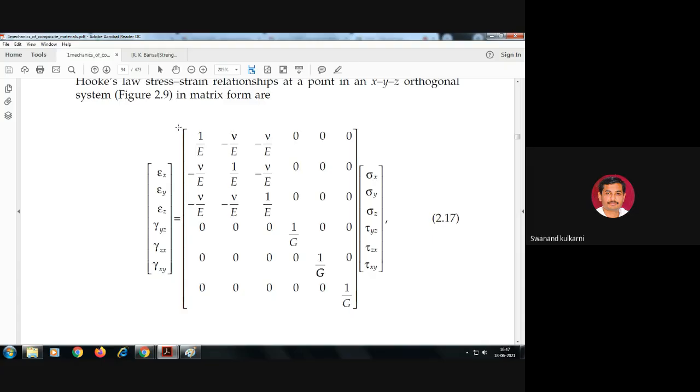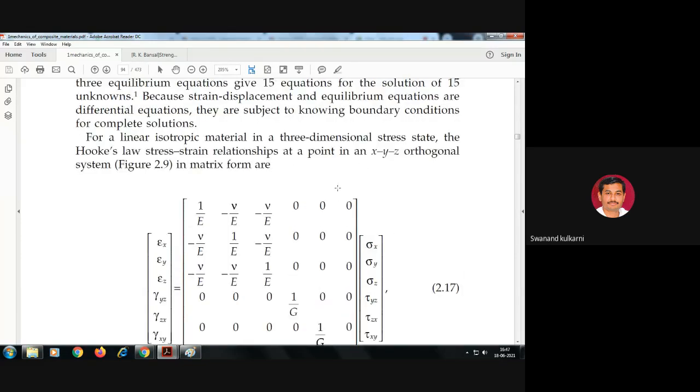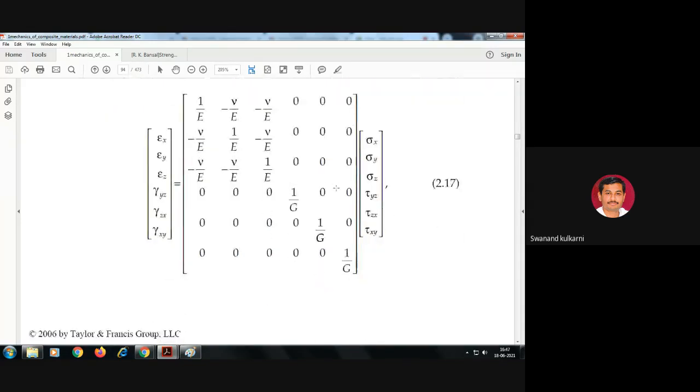Because whenever we formulated this stress and strain relationship in matrix form, we have assumed that the materials are isotropic in nature. Is it okay? The relationship between stress and strain through these material properties represents isotropic materials.